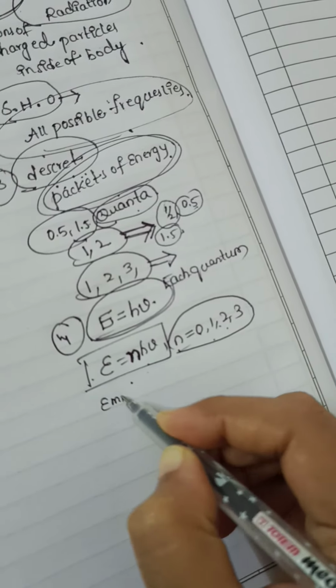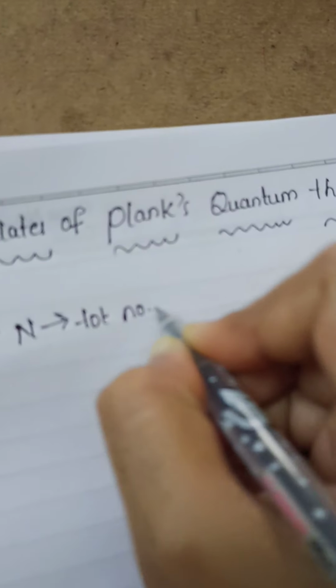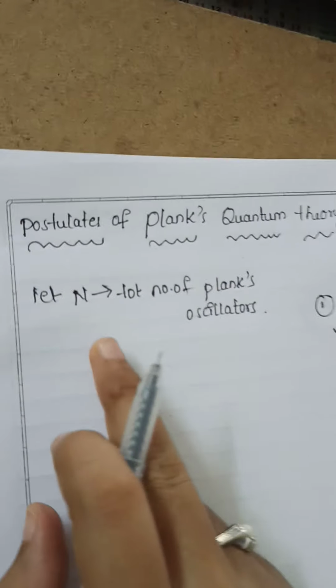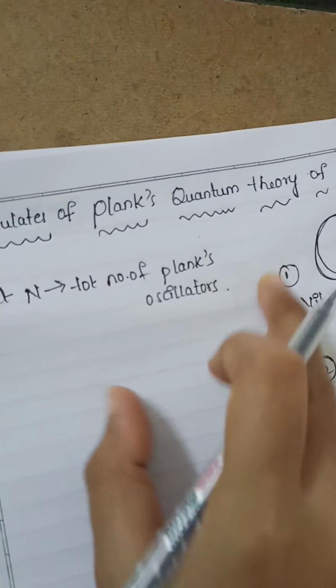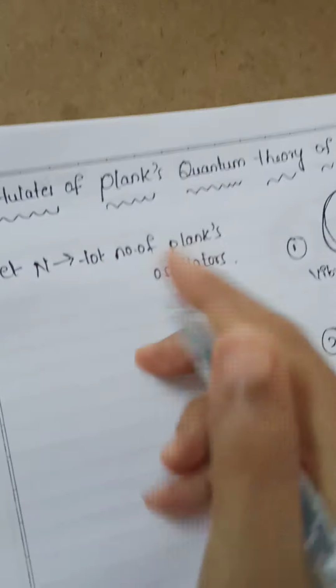For example, there are n number of quantum harmonic oscillators, that is, Planck's oscillators. Let capital N be the total number of Planck's oscillators and capital E be the total energy.